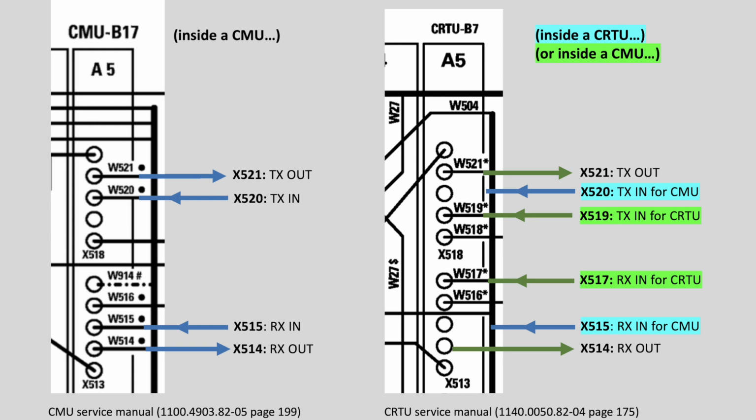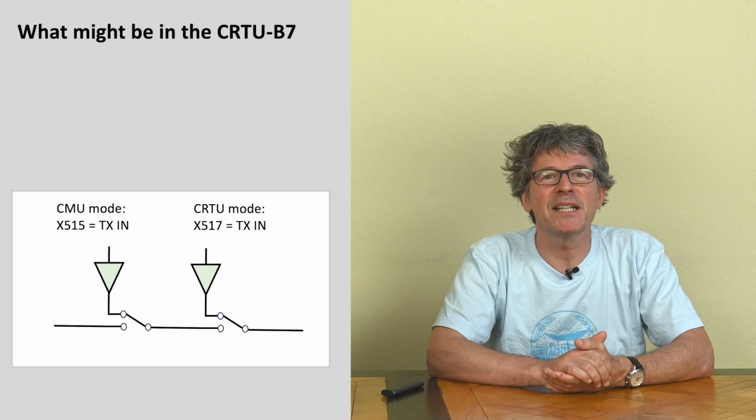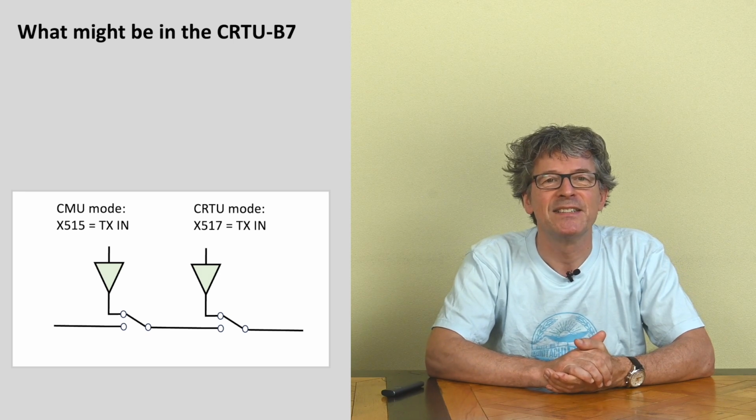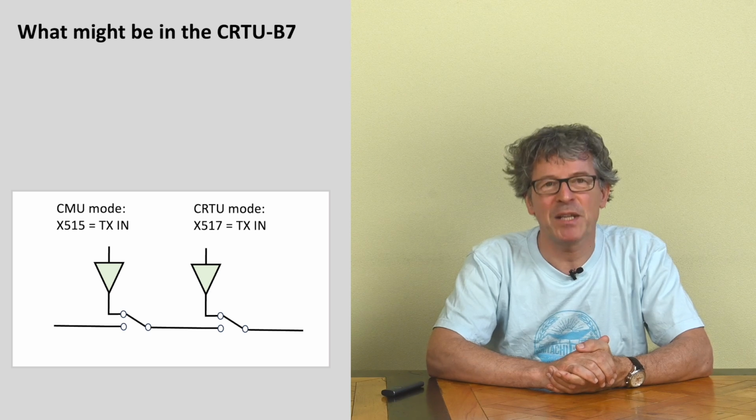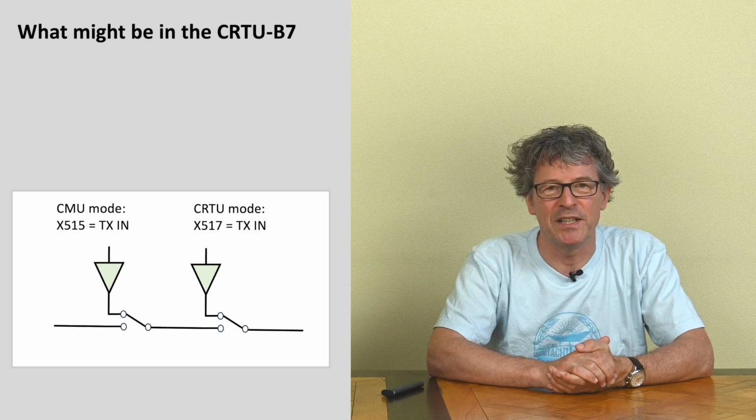As to why this is the case, I think I got an idea here, a clue. But let me stress that I'm speculating here. I don't know for sure. But what is my speculation on what is happening in these units? I think that it has two different inputs at the same time present on the device in the B7 unit.